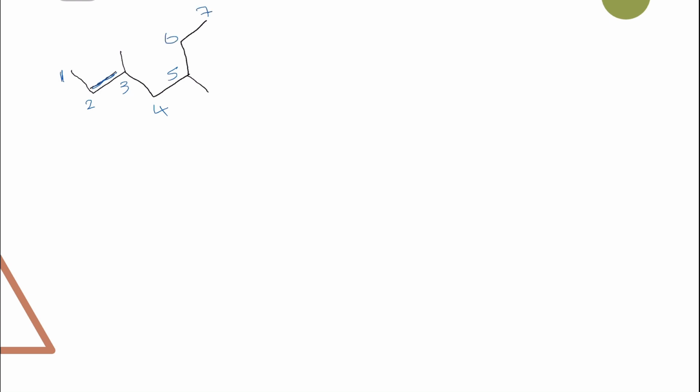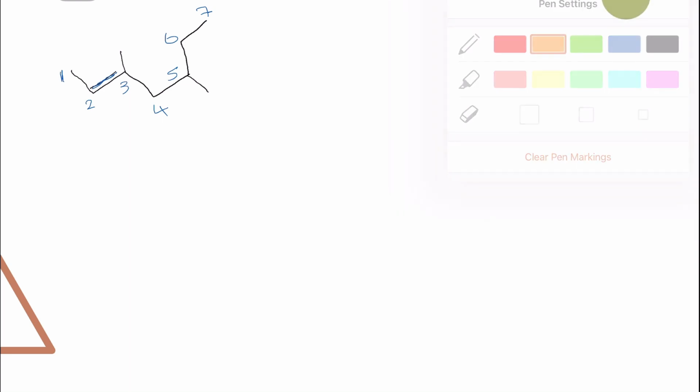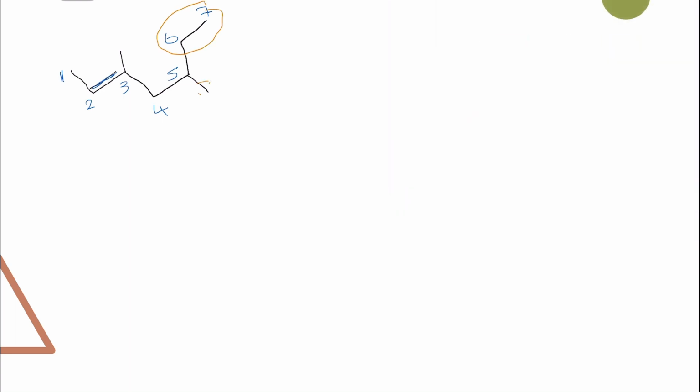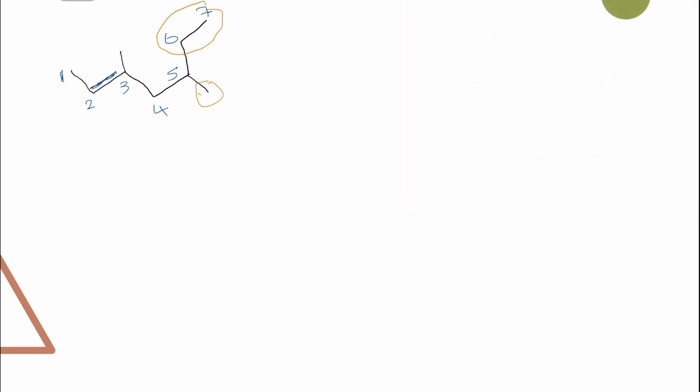So this is the longest chain. This is not an ethyl substituent here, and this is part of the chain. The longest chain has 7 carbon atoms, and all are in the same chain which has the double bond.